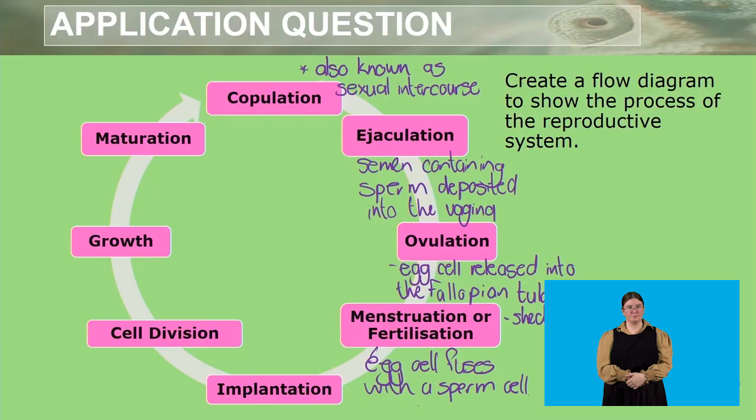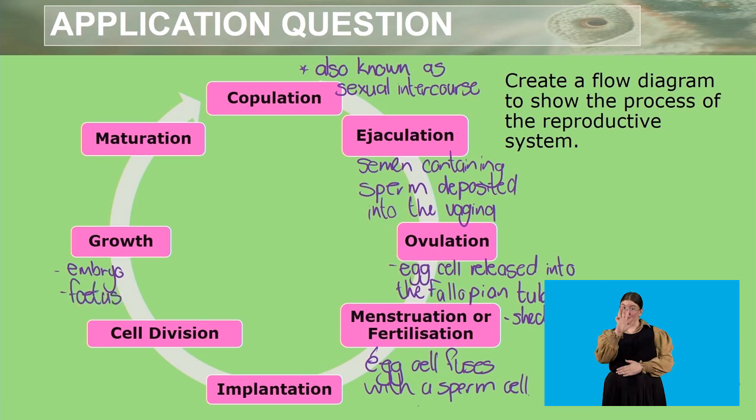Once the zygote has implanted itself on the uterus wall, cell division will continue to take place. As the cells divide, the divided cells will form an embryo. And then that embryo will also grow into a fetus.